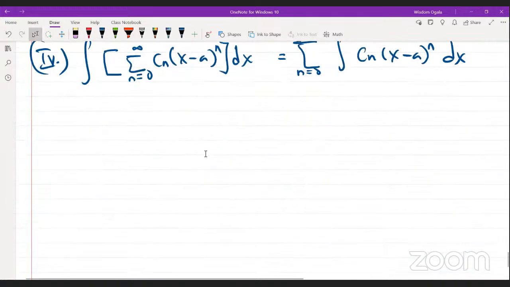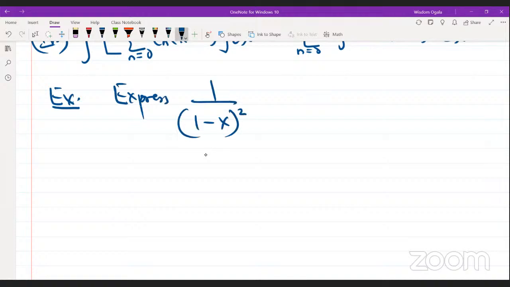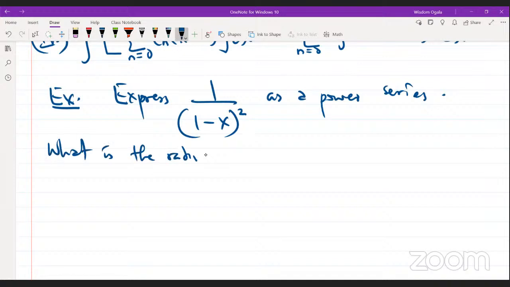Now let's get to the interesting things. Example: express 1 over 1 minus x squared as a power series. What is the radius of convergence? In this case, we see clearly that we have 1 divided by 1 minus x, all squared.